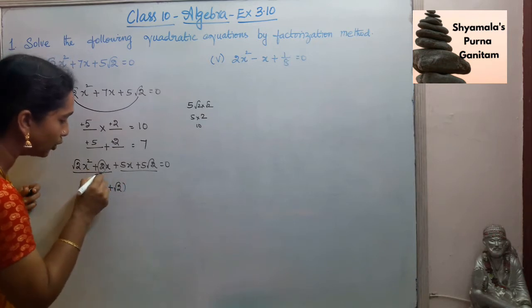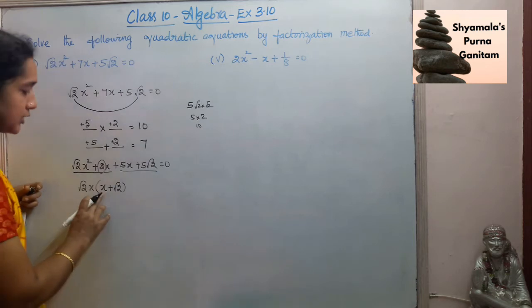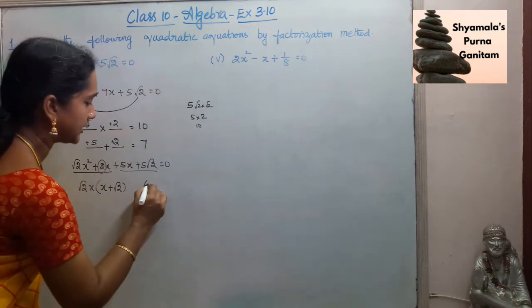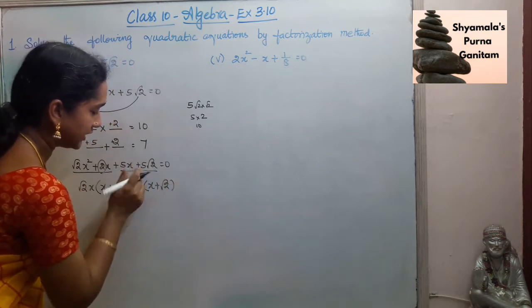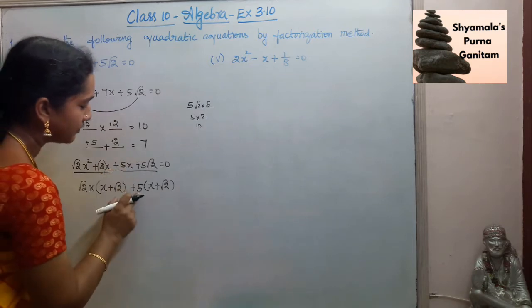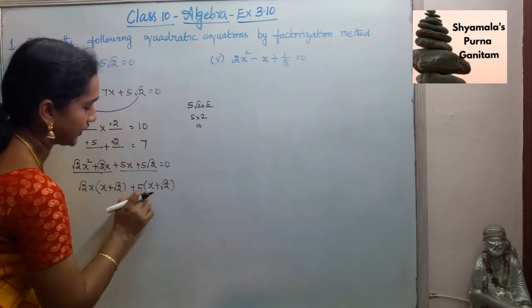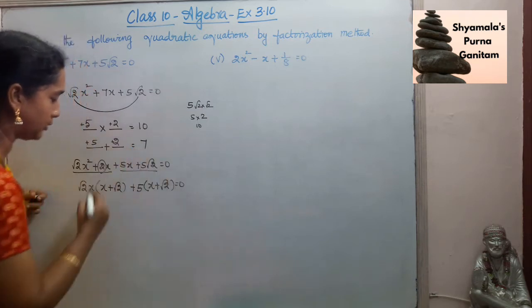In the next two terms, since we have already taken root 2, the balance is root 2, so x plus root 2 inside, and we take plus 5 outside. 5 into x is 5x, 5 into root 2 is 5 root 2, is equal to 0.